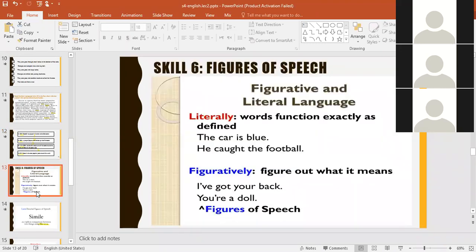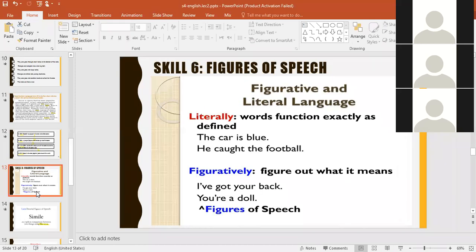Now we move to figures of speech. This skill was explained last week or the week before. First of all, the first thing I want you to know is that there is a difference between figurative language and literal language. What is the difference between these two?